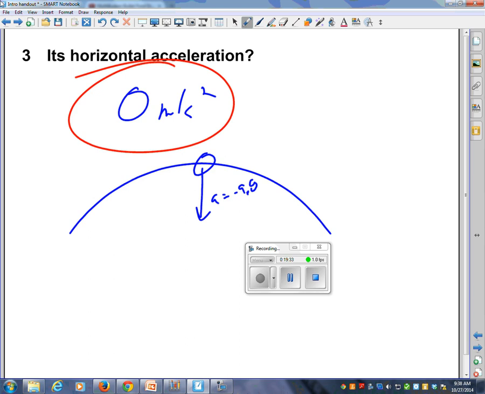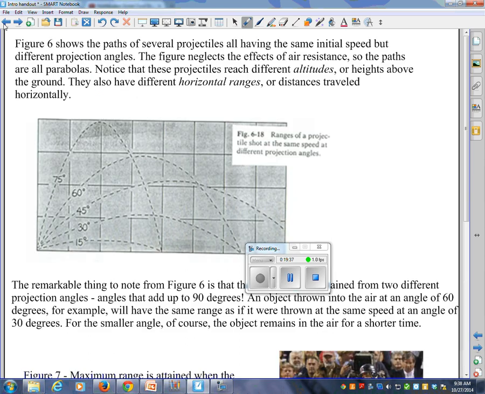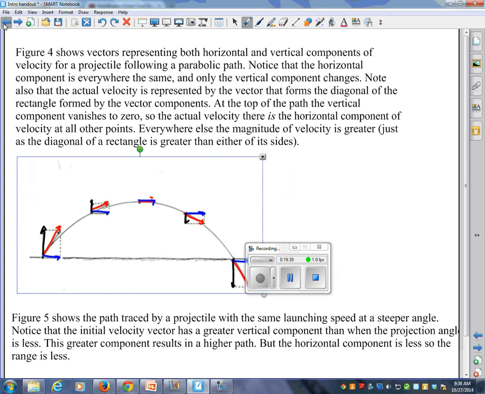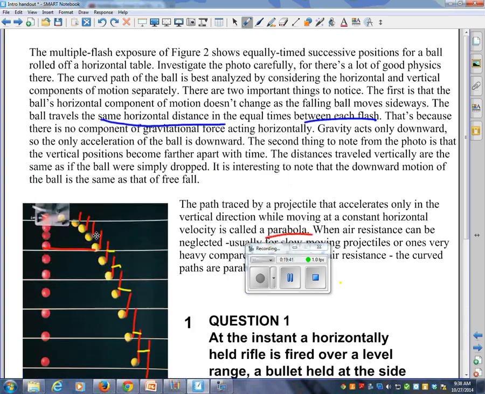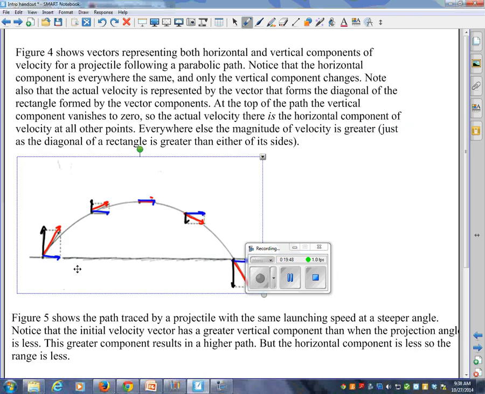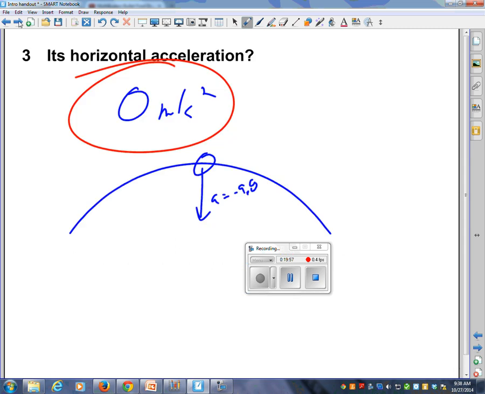Remember that whole deal about the distances between, right? The distances are the same. How come? It's not speeding up. Constant velocity. Here, the horizontal component is always the same. Therefore, the acceleration is a big fat 0. Oh, boom.